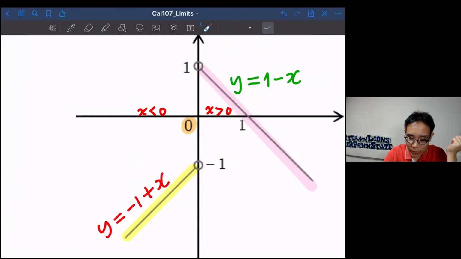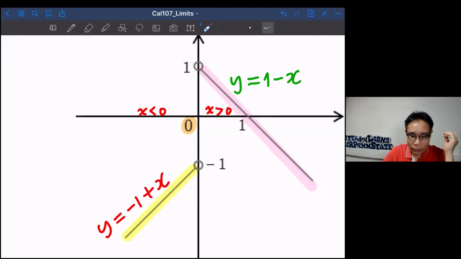However, if x is more than 0 but really close to 0, the graph of the function approaches 1 instead. This is the right limit equal to 1 that we have seen before. So these are two concepts.